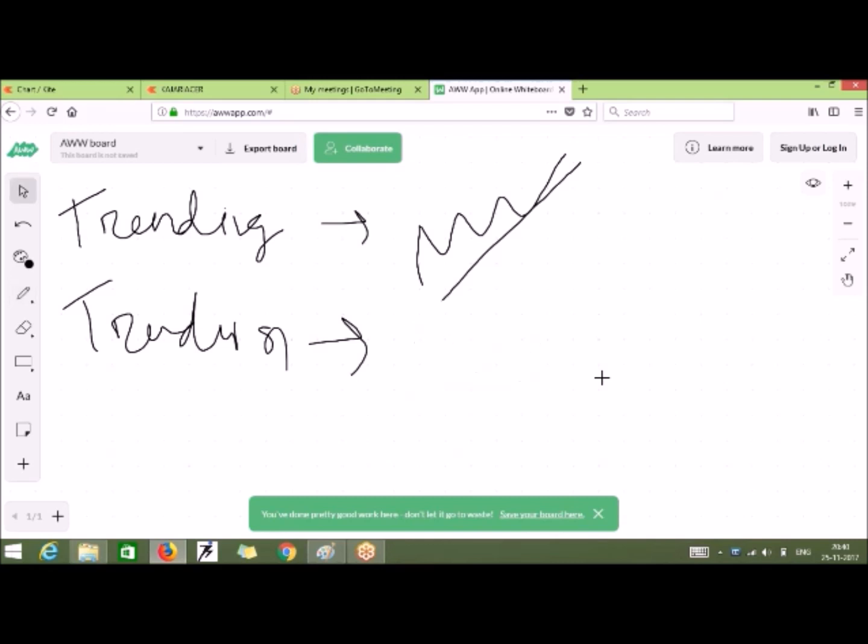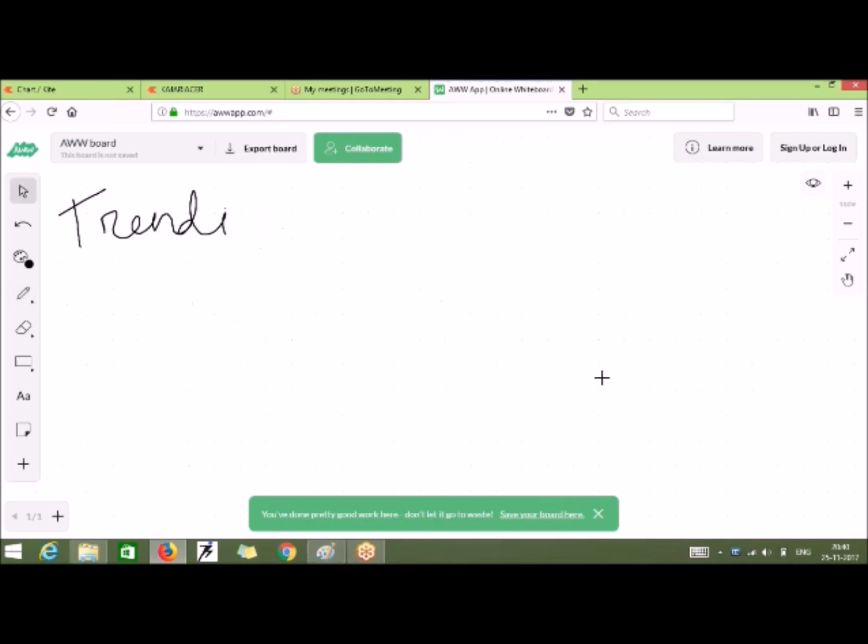Please keep your notebook and start writing a few commonly used strategies in the market. The first strategy which is commonly followed is for a trending market.